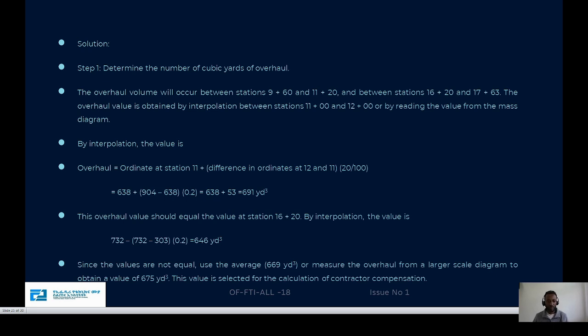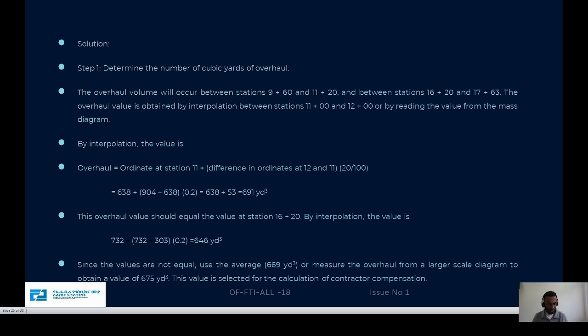This one is between 9 plus 16 up to 17 plus 63. The free haul distance is interpolated between 11 plus 00 and 12 plus 00.